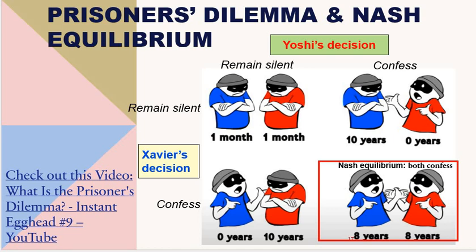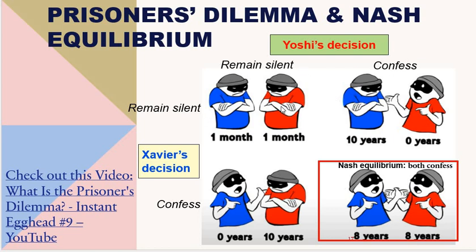And why do I say confessing is the dominant strategy for each of them, or for both of them? Let's start with the choice of remaining silent. For Xavier, when he remains silent, the outcome depends on Yoshi's decision.